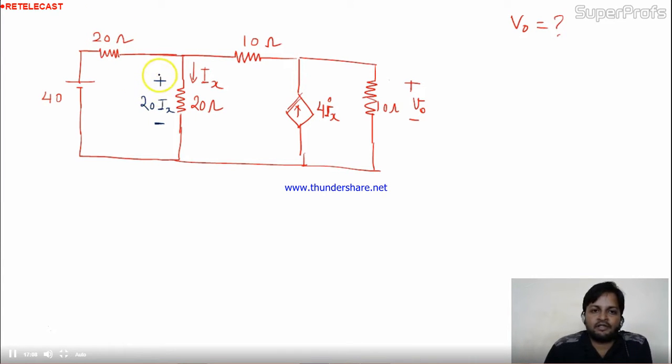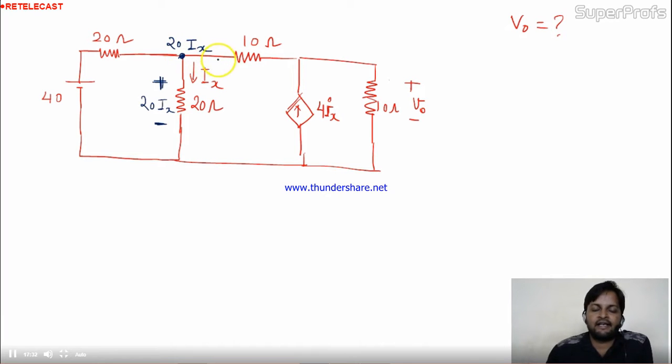So here the voltage drop is 20 Ix. The voltage across this point is 20 Ix. Whatever voltage across this resistance is given, the same voltage is at this point.